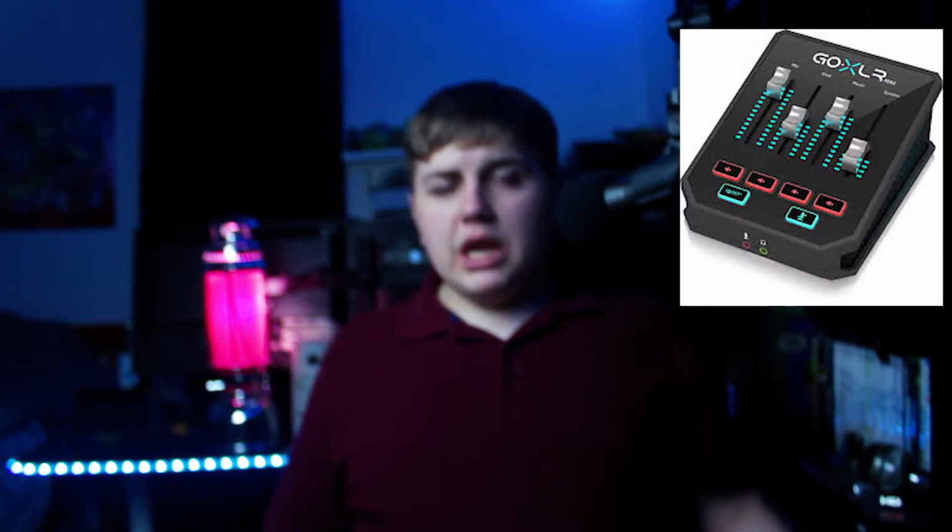Now, the Q2U, I think, is one of the best upgrade options left on the market today, mostly because it fits perfectly within an upgrade timeline. You can start on the USB mode if you're on a USB microphone. But if you're on an XLR, you can start on the XLR and then go to something like the GoXLR or the GoXLR Mini.